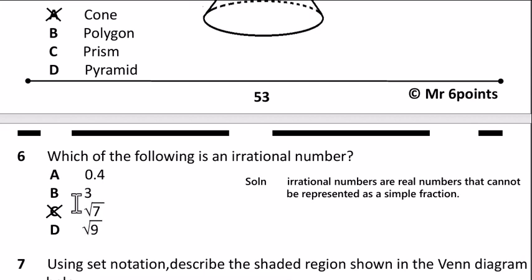The square root of 7 does not have a perfect square; when we punch 7 on the calculator, it gives us a decimal. The square root of 9 is a perfect square. Therefore the irrational number here is the square root of 7.